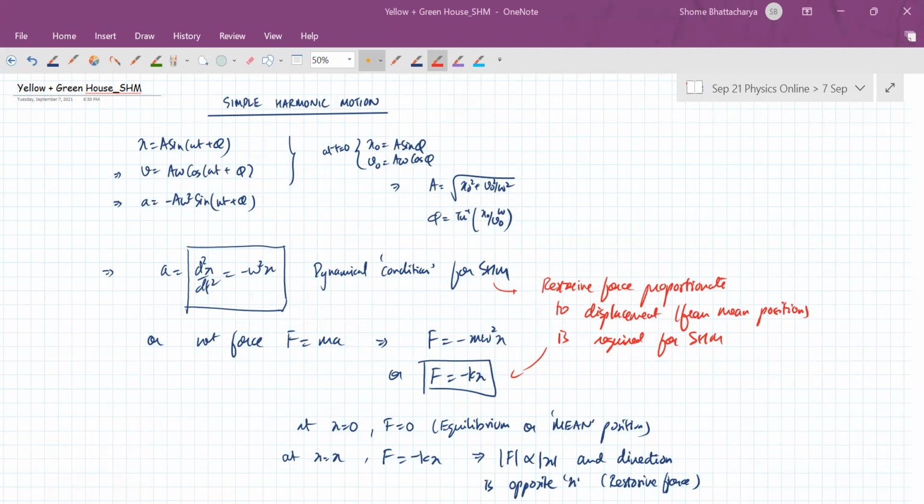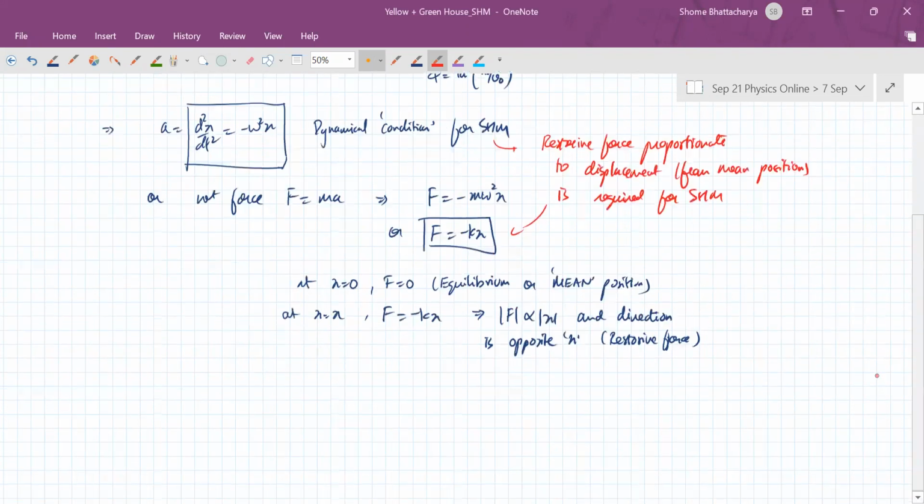Now we'll see the most simple and basic example of this kind of dynamical system, a spring-mass system in a horizontal situation.